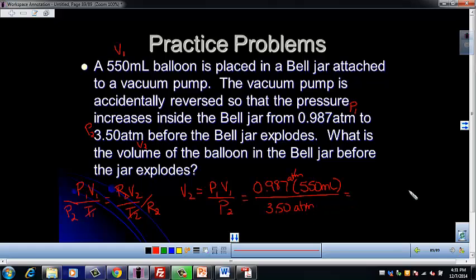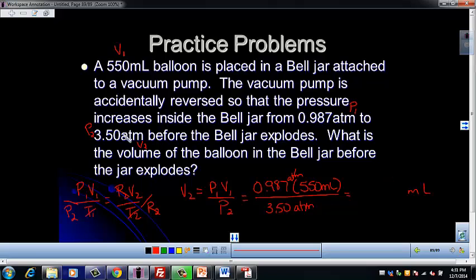I'm left with milliliters. It's okay to leave the volume in milliliters as long as you have nothing that needs to cancel. When you have an ideal gas law problem, you will want your volume to be in liters. But for combined gas law, as long as you need no particular unit in your answer, you can leave it in milliliters. So when I punched that into my calculator, I got 155.1 milliliters.